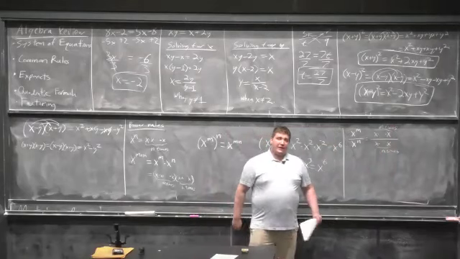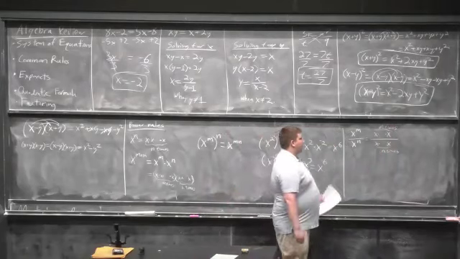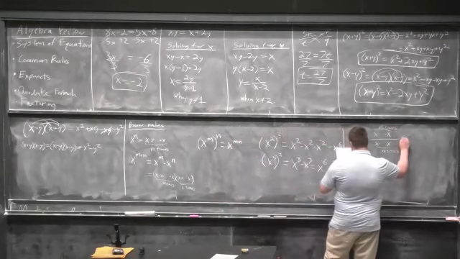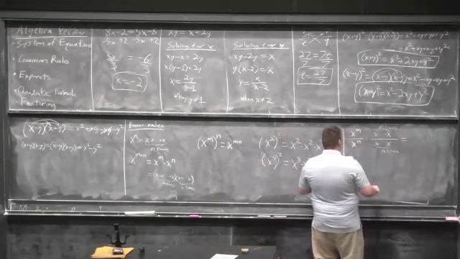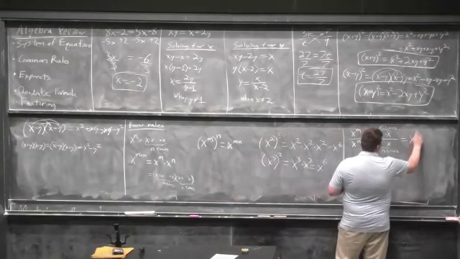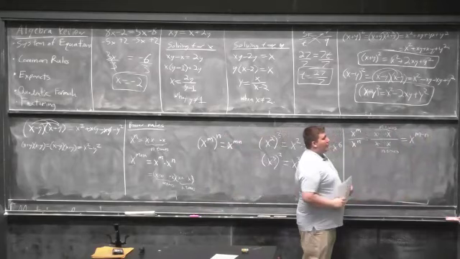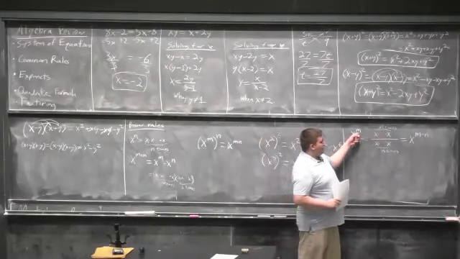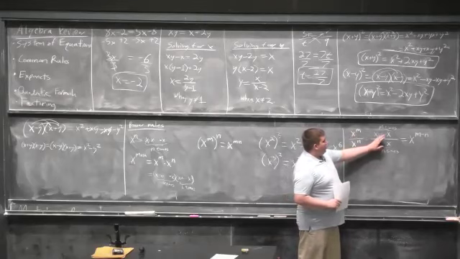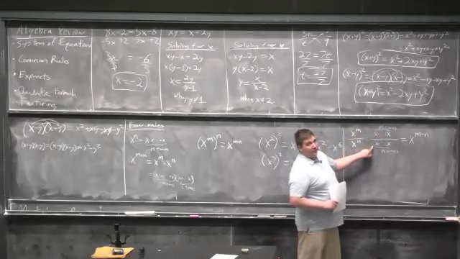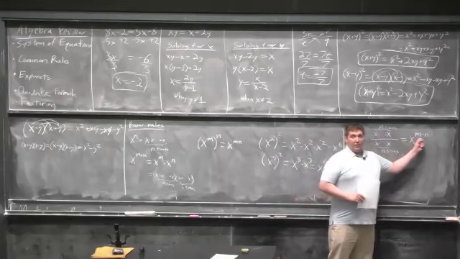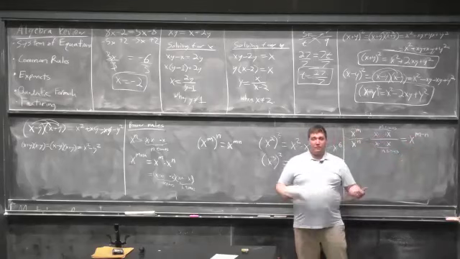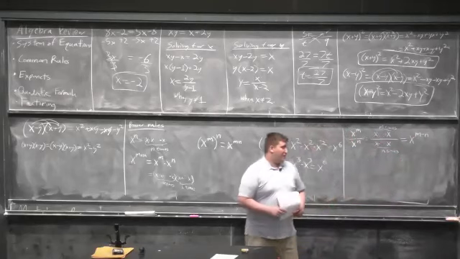Whichever one's bigger, that's the one that wins. And so I can rewrite this as x to the m minus n, because let's say m is larger than n. So I would have more x's in the numerator than I do in the denominator, meaning that I'm going to get a positive number here. And that makes sense.